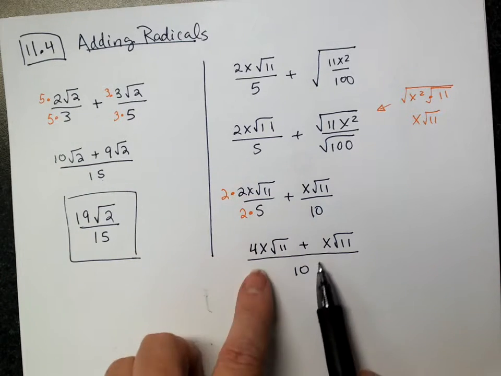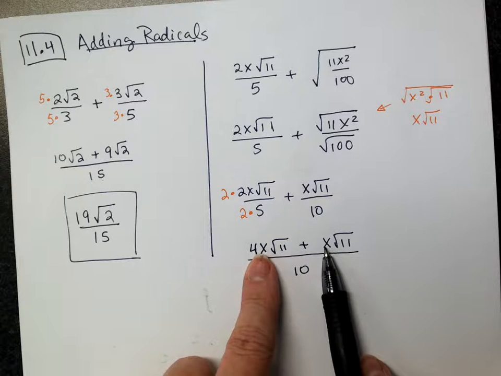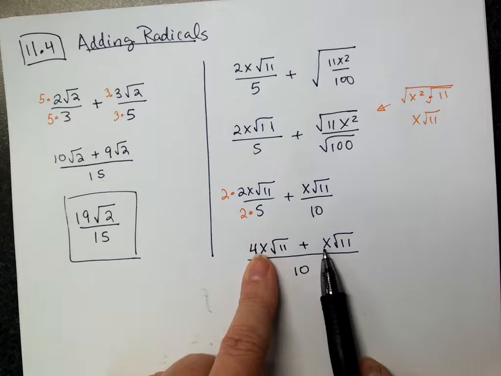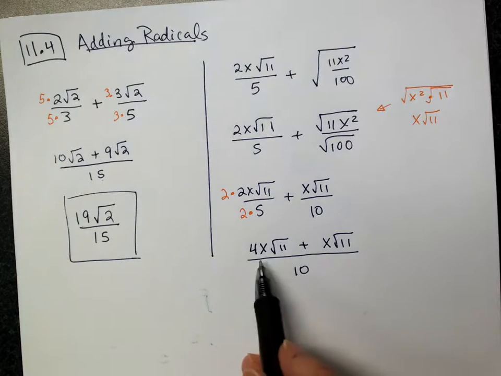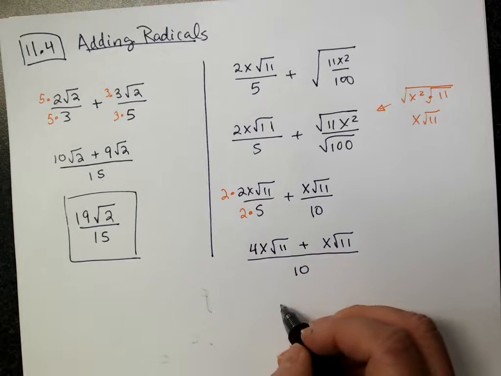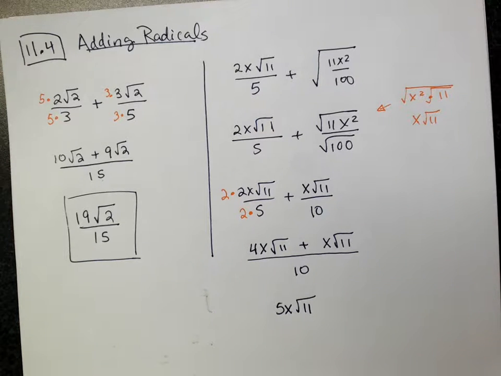Here we've got variables involved, so yes, these are like radicals, so we can combine our coefficients if our coefficients are also like terms. 4x and x, are those like terms? Yes, both simple x's, no exponents. And so 4x plus x is 5x. And then keep the same radical, of course, over 10.